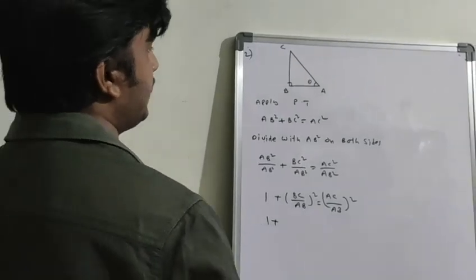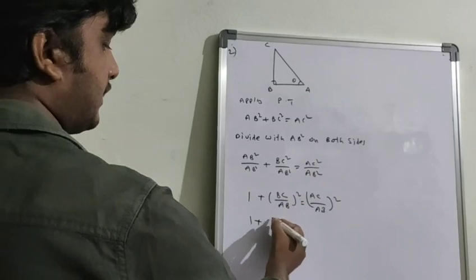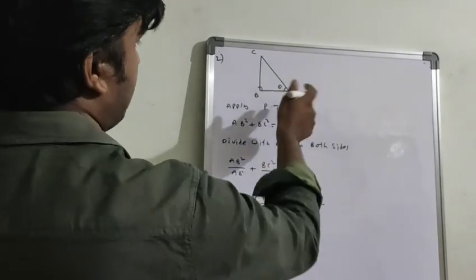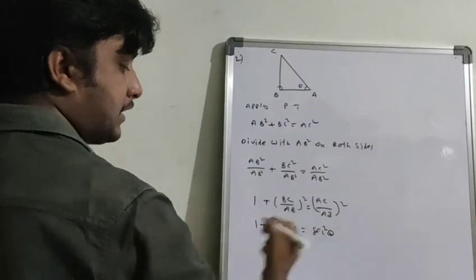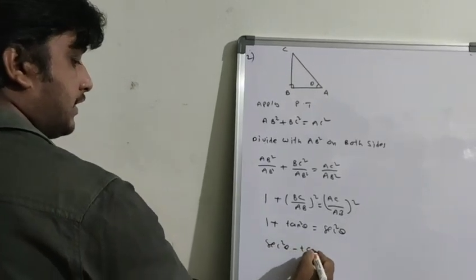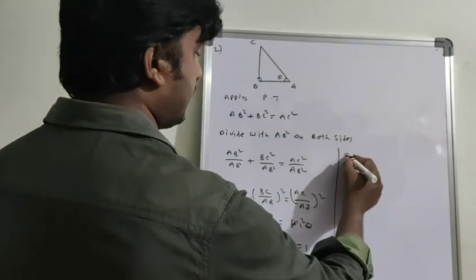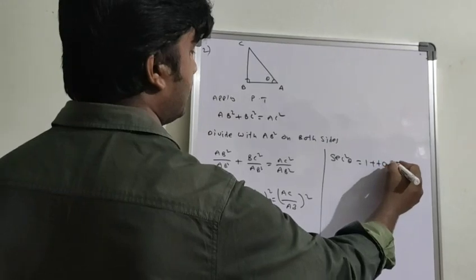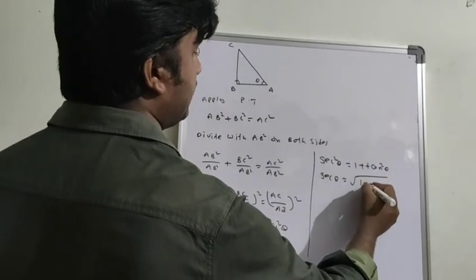So BC by AB is opposite by adjacent, tan square. AC by AB, hypotenuse by adjacent, is secant square theta. So from this we can write secant square theta minus tan square theta is equal to 1. From this we can write secant square theta equal to 1 plus tan square theta, and secant theta equal to under root of 1 plus tan square theta.